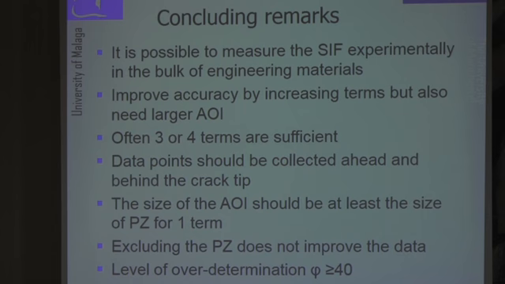We've also seen in this experiment that excluding the plastic zone doesn't improve the fitting, probably due to the data being elastic data, so it doesn't have any plasticity effect. And we found that the level of over-determination should be larger than 40 for this type of data.